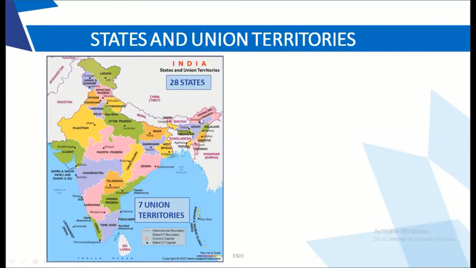Well, I am sure now you will learn all the names of the states and their capitals and make a list of each. Moreover, you need to learn the names of the union territories and their headquarters and make a list as well. So today's activity will be to make a list of all the states and their capitals, union territories and their headquarters.